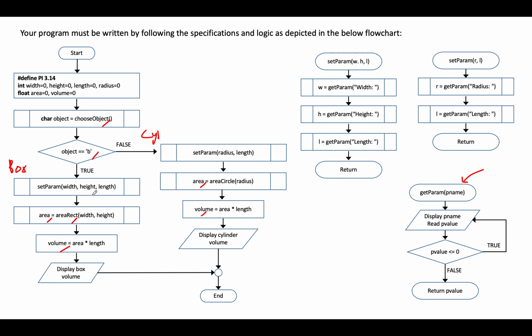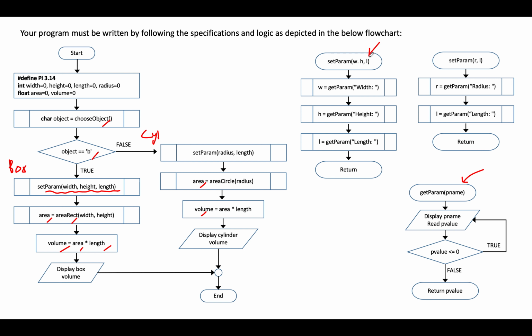So in calculating the box, to calculate the area of the rectangle box, you need to have the width and height. For volume, you need to have variable data for area and also length. That's why whenever the user chooses box, the set parameter of width, height and length will be called.